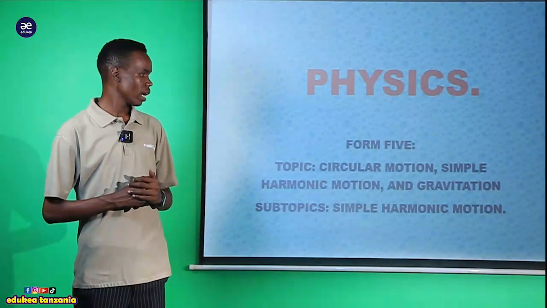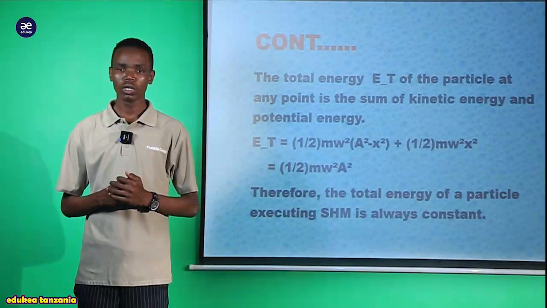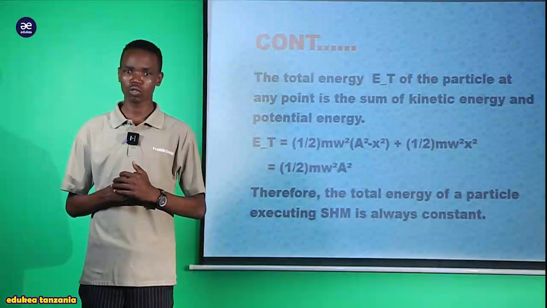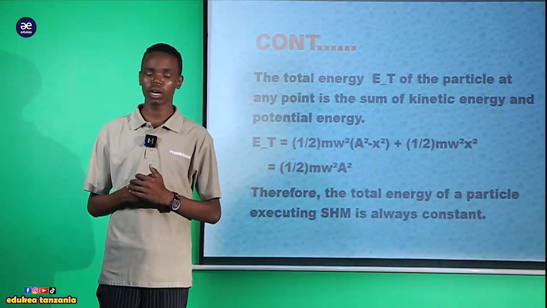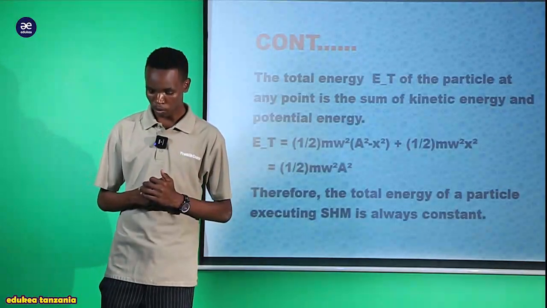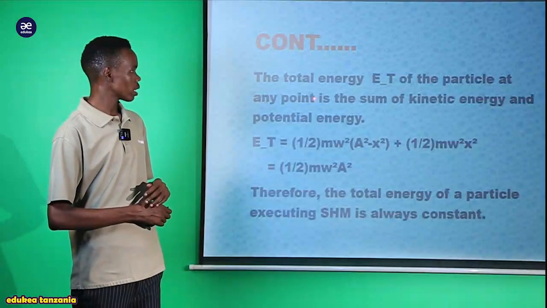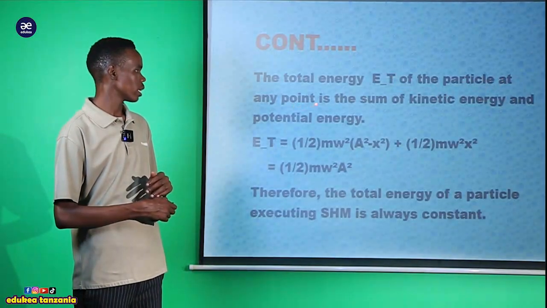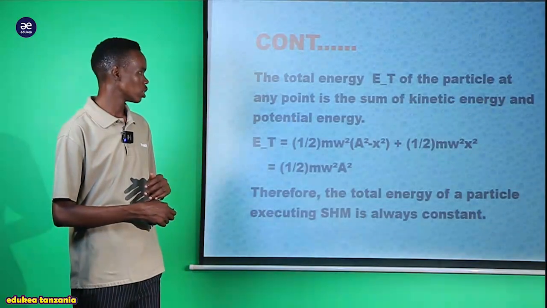But now, my dear student, we should proceed with our discussion on how we can demonstrate the formula for obtaining the total energy. So welcome again to this discussion. The total energy E_T of the particle at any point is the sum of the kinetic energy and the potential energy.